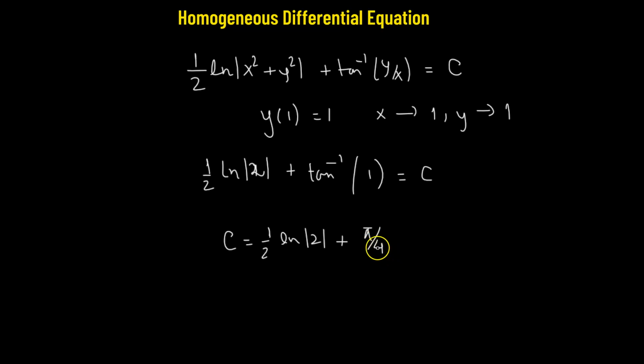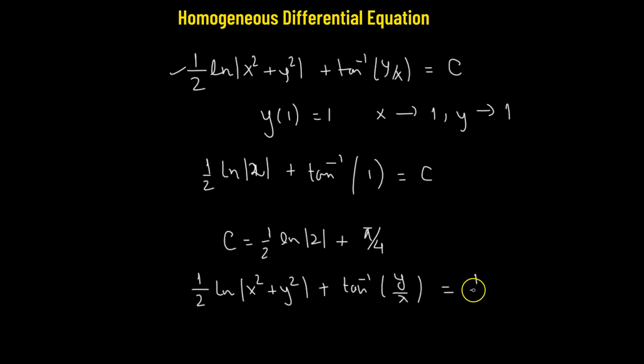pi over 4. So our solution will be, we'll rewrite this, half natural log of x squared plus y squared plus arctangent of y over x equals c. So c will be half log of 2 plus pi over 4.